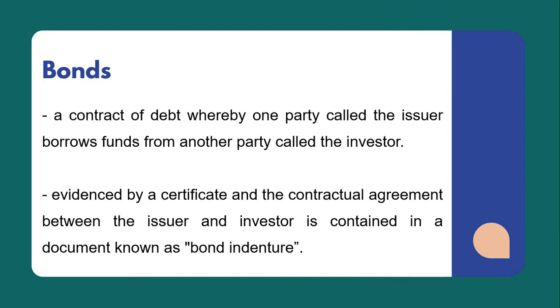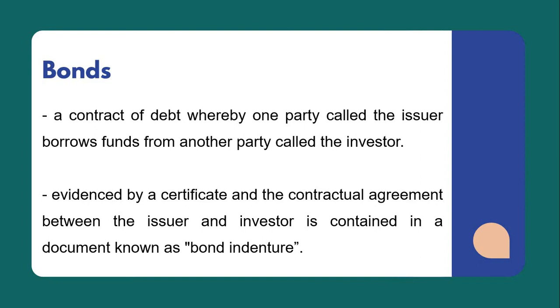So another, bonds is a contract of debt whereby one party called the issuer borrows funds from another party called the investor. So two parties involved. The other party is the issuing entity, who borrows funds from another party called the investors.